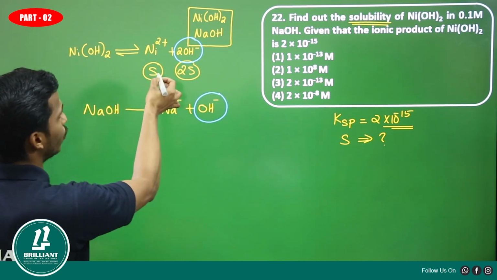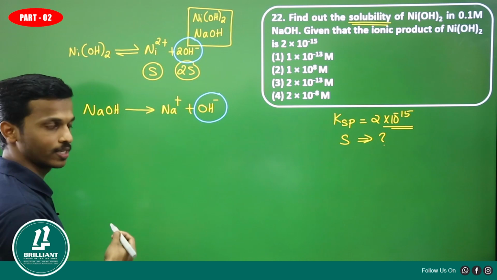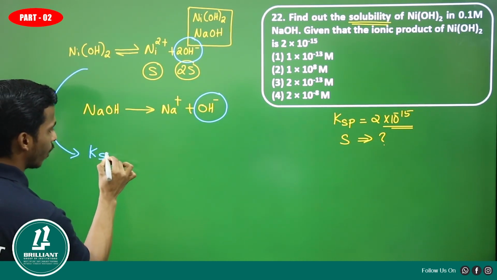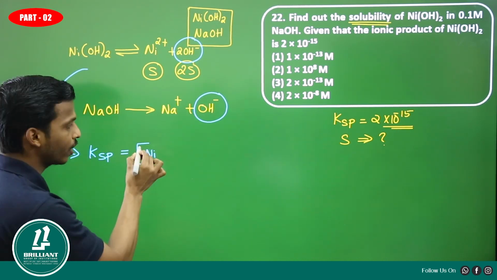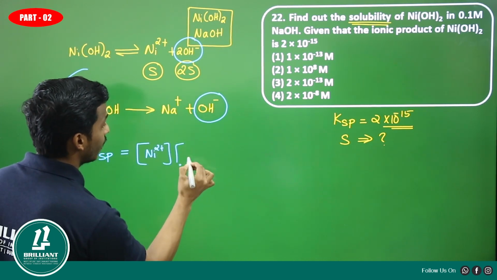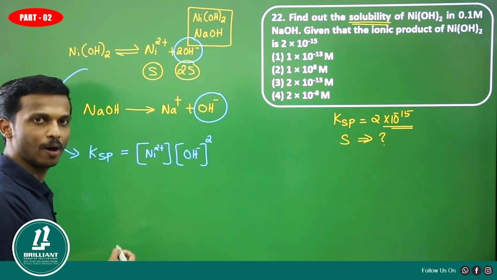So here I already told you the nickel concentration is S, OH- concentration is 2S. So what is the expression for the solubility product? We can write it here. The solubility product is the product of Ni2+ and OH-, taking the coefficient as the power, right?